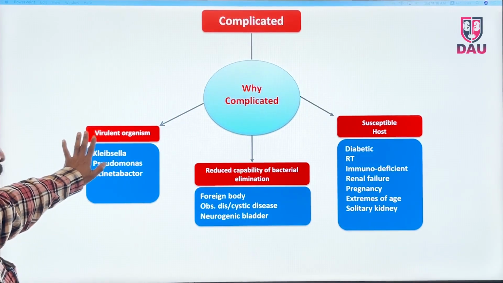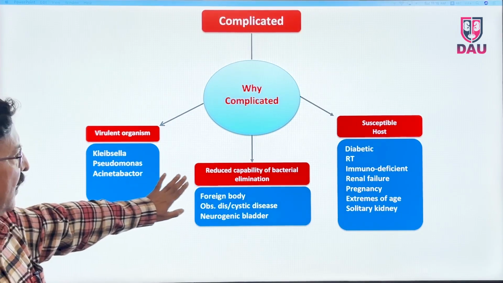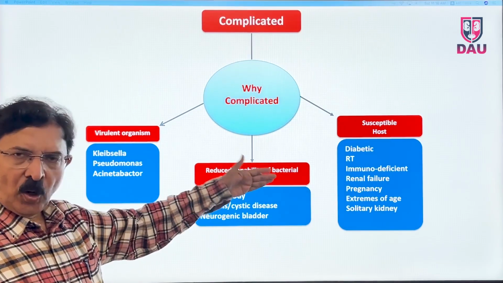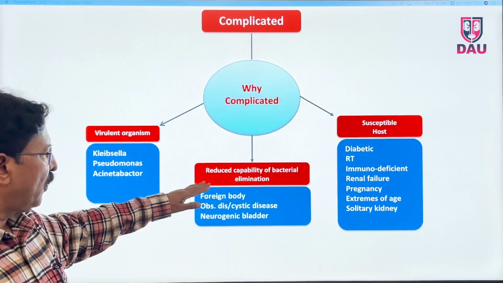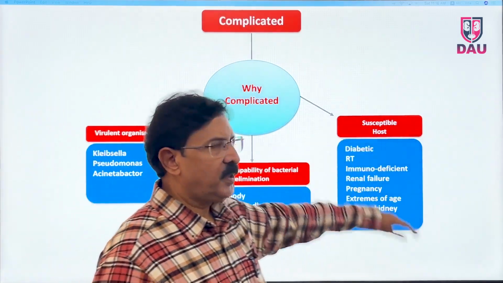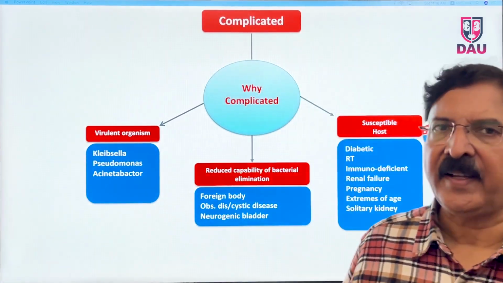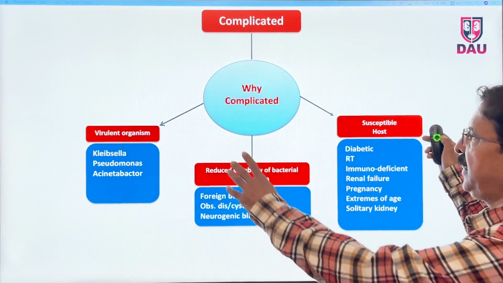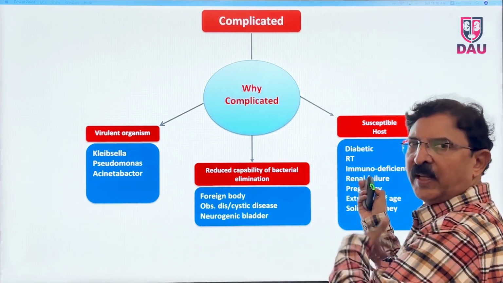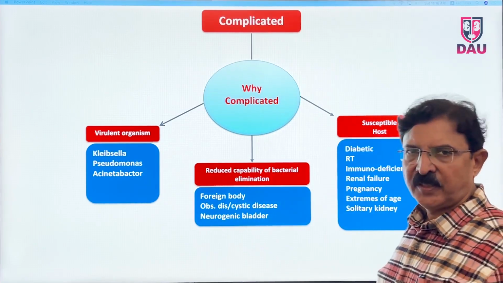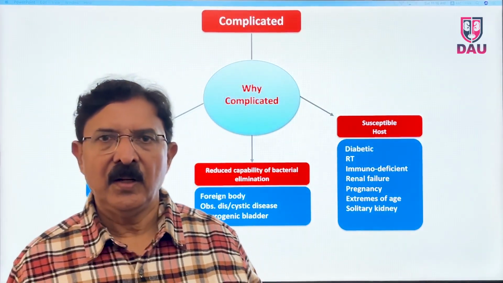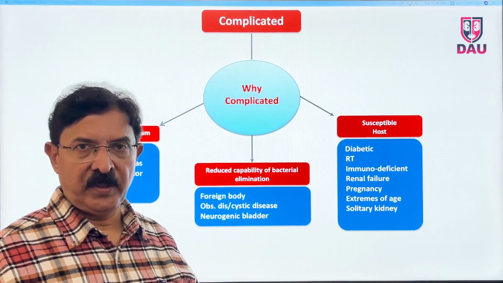It is because either the organism is too virulent, or there is a reduced capability to throw out bacteria from the urinary tract, or the host is susceptible. The host cannot fight against the infection. One of these three things, two of them, or all three of them make urinary infection complicated, and that should be assessed in every patient of urinary infection.